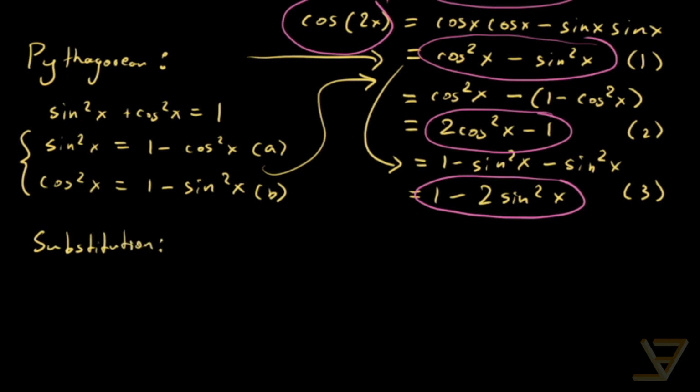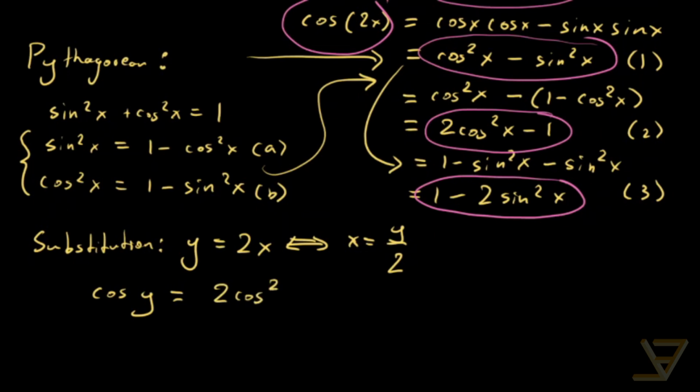We're going to say y equals 2x, which is equivalent to x equals y over 2. So what that tells us is that cos of y is equal to 2 cos square y over 2 minus 1, which is equal to 1 minus 2 sine square y over 2.